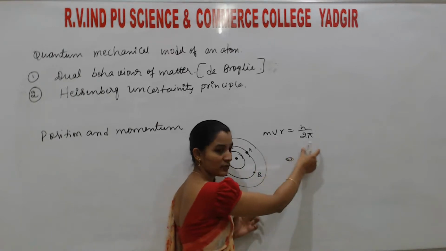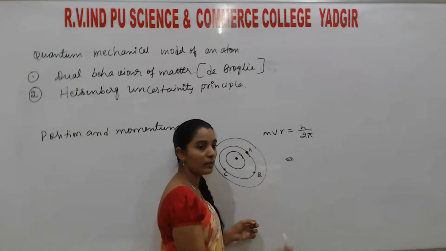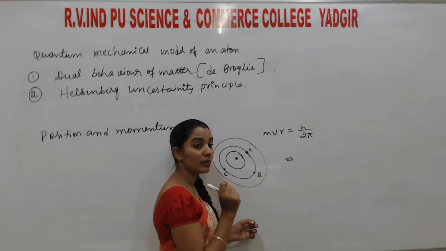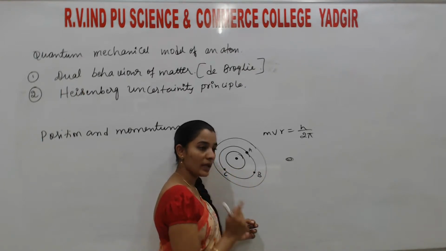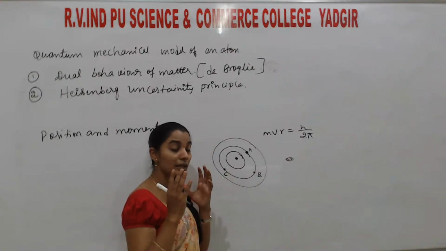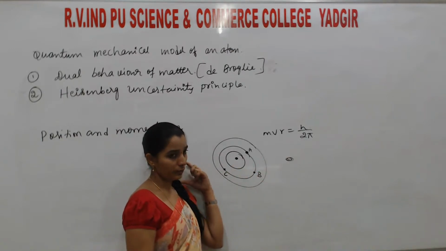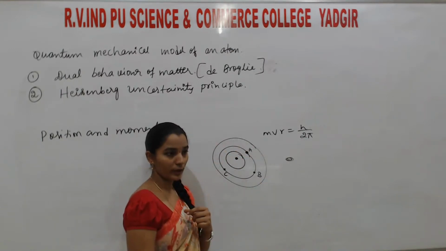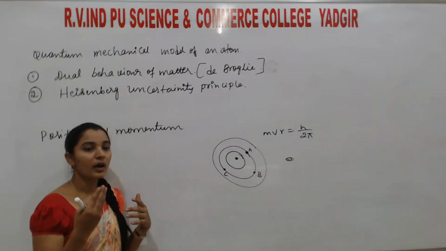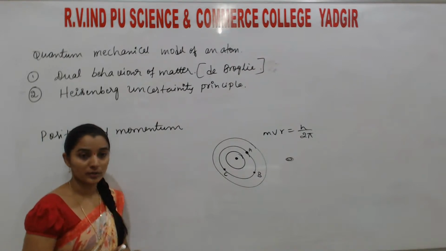There is no distance value in the momentum. So when we measure momentum, we cannot measure position exactly. When we consider the position, we cannot measure momentum exactly. That is uncertain. We cannot simultaneously, at the same time, measure both position as well as momentum. That is the Heisenberg uncertainty principle.